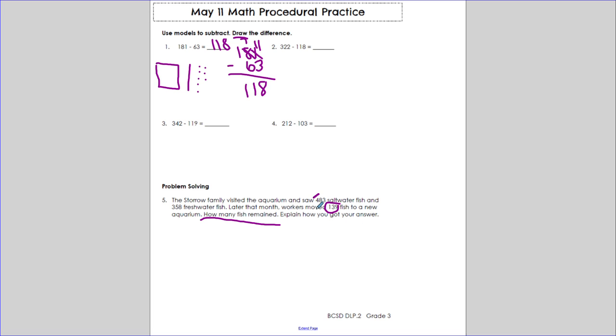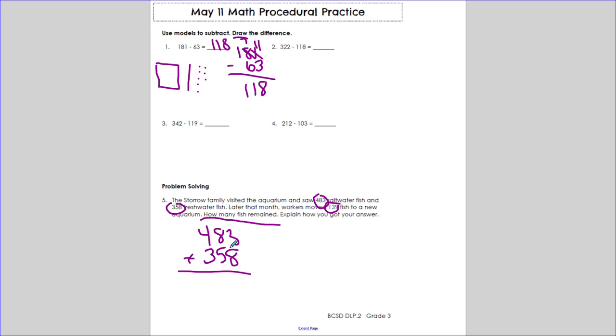So how many fish did I start with? So I'm going to take 483, 358. I'm going to figure out, how many fish did I have altogether before I moved them? So remember, this is my starting point. How many fish are at the aquarium before moving? Oops, it's a weird looking plus sign. There you go.